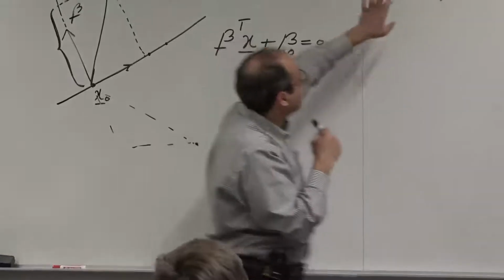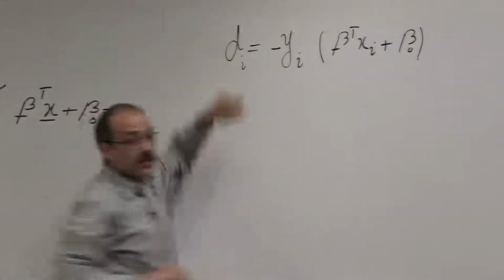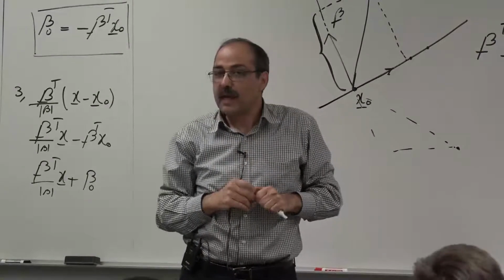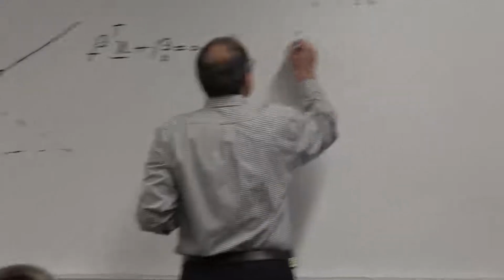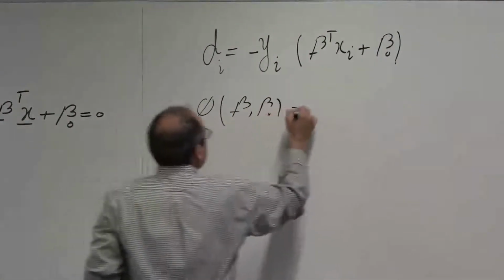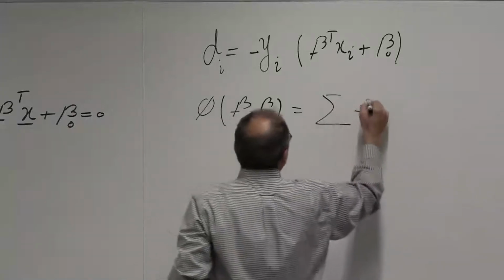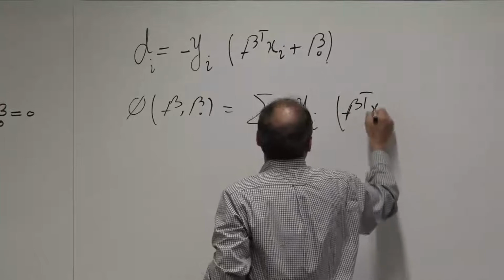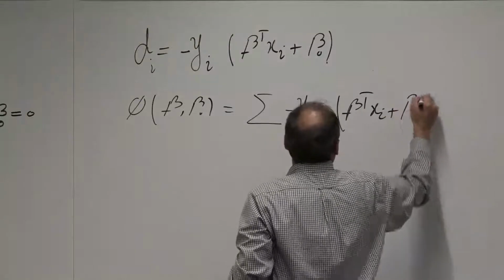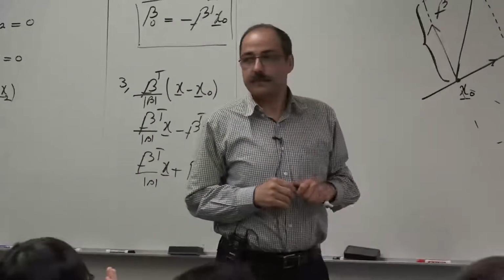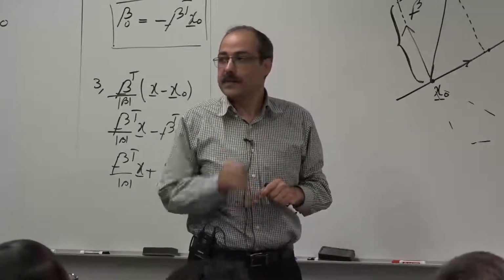So for a misclassified point, the distance is actually negative yi beta transpose x. And then my cost function, which is a function of beta and beta null, is simply the summation of minus yi times beta transpose xi plus beta null. Is that clear?